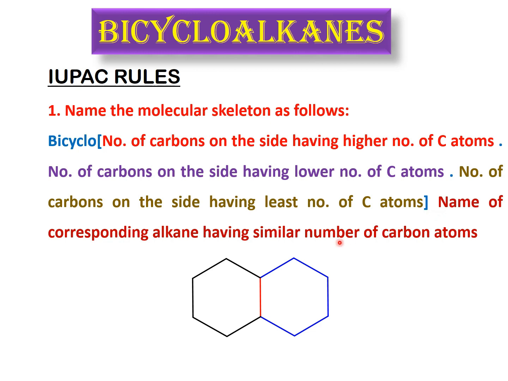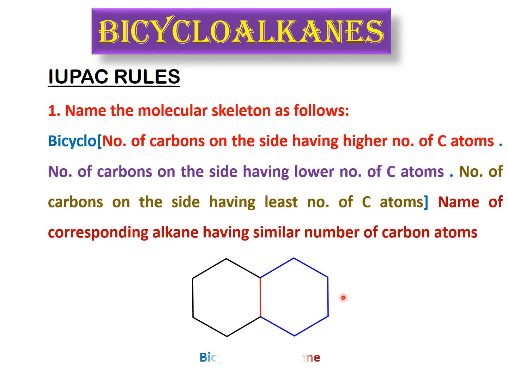This will be followed by the name of the corresponding alkane having similar number of carbon atoms. If you count the number of carbons in this molecule, you have 10 carbon atoms, and for a corresponding alkane having similar number of carbon atoms, the name is decane.